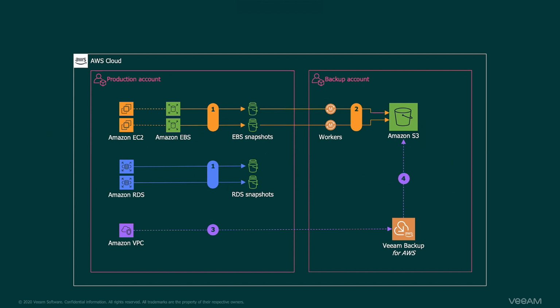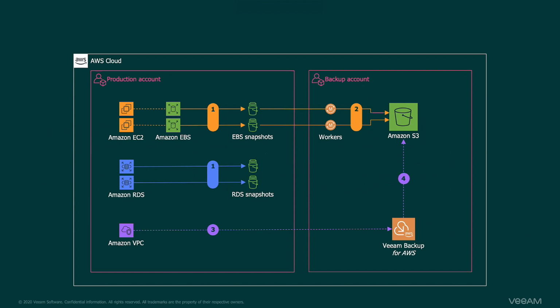From an AWS perspective, we leverage multiple AWS accounts, which can be used as a security boundary. For example, on the left, we have a production account with some EC2 instances, some RDS databases, and our VPCs configured. We can protect all these leveraging EBS snapshots, then offload those snapshots to S3.